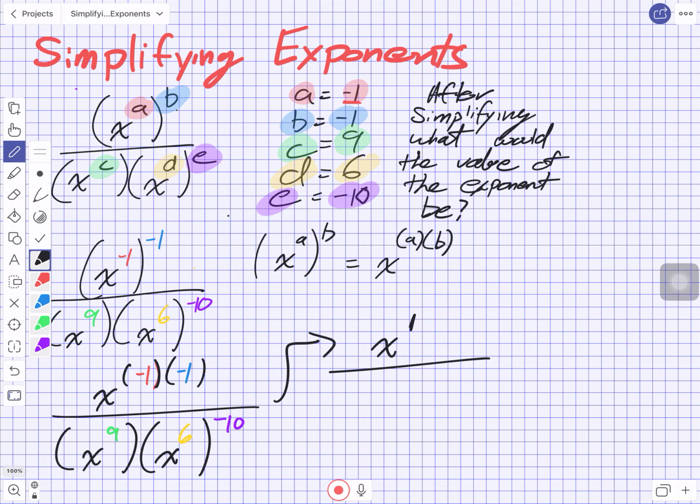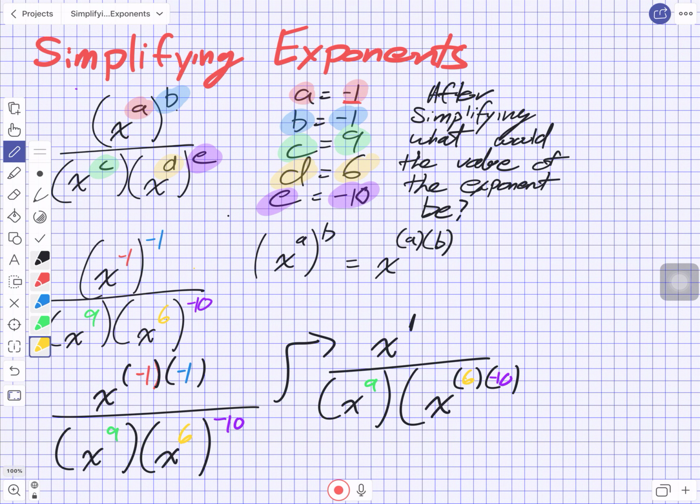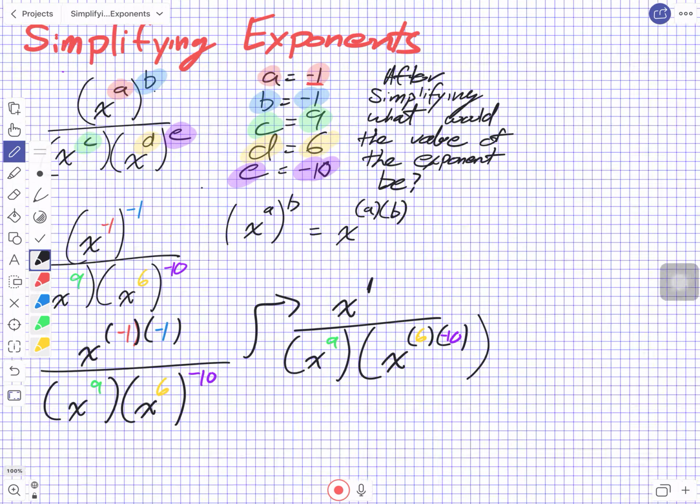Let's go towards the bottom now. We have x, and that is still to the power of 9. Since we've just gone over this rule, I'm going to do it again here. You'll notice that this is a power of a power, so we're going to multiply those two powers together. So we'll have x to the power of -10 times 6. 6 times -10 is actually going to be -60.